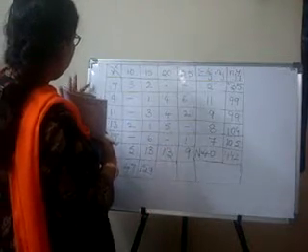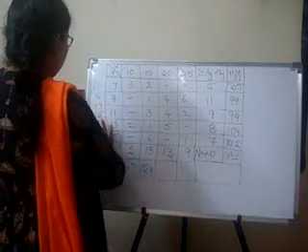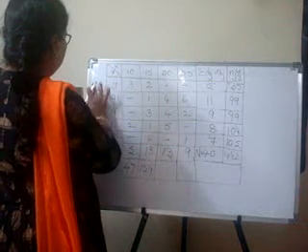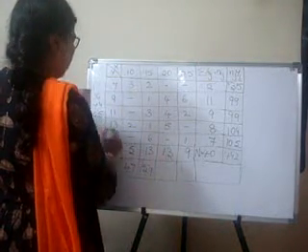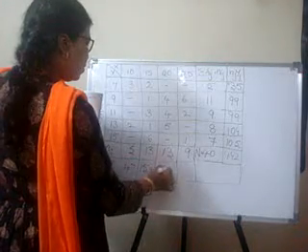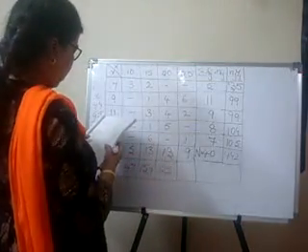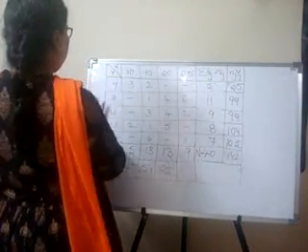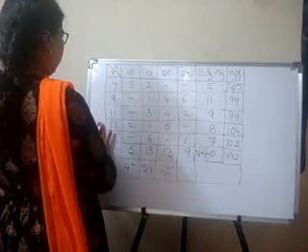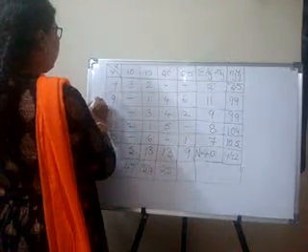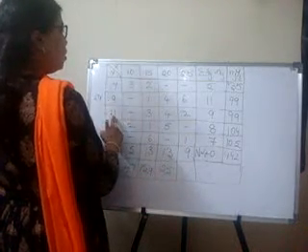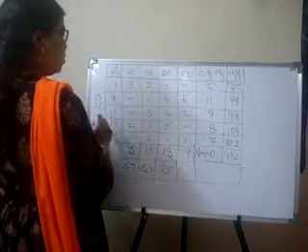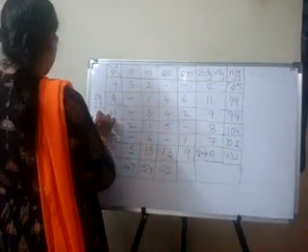Ten, 15, 1 carry. 3, 12, 8, 9, 10, 125. And then it is 9 6s are 54, 11 twos are 22, 6 70.